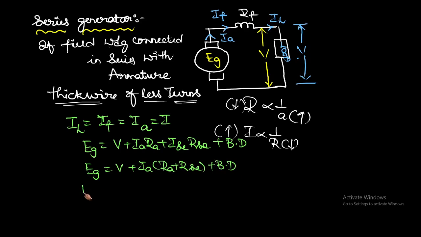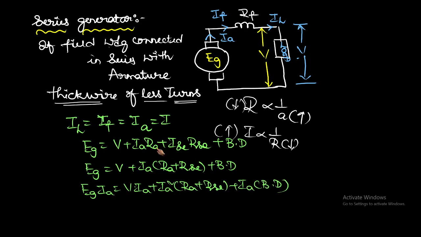Multiplying by IA on both sides, EG into IA equals V into IA plus IA square into (RA plus RSE) plus IA into brush drop. These are the very important equations you have to remember.